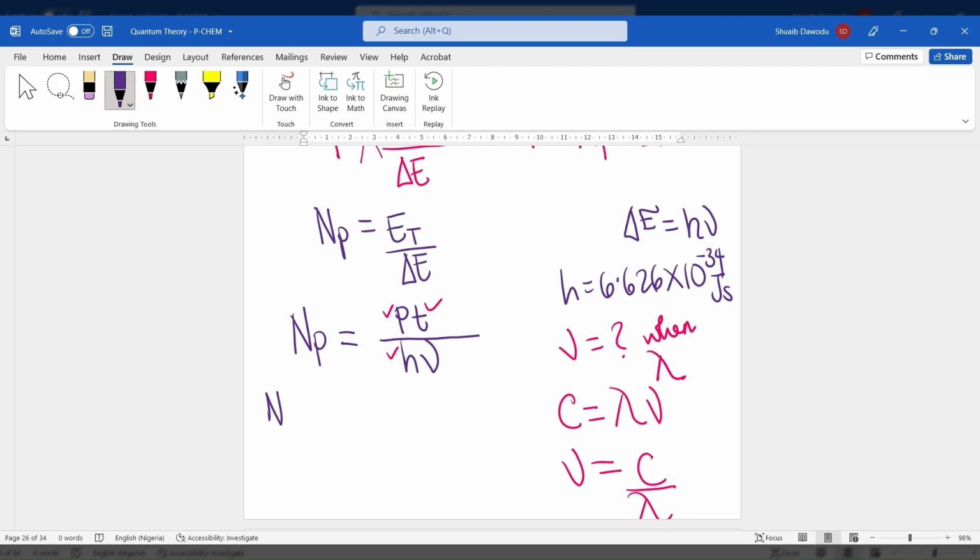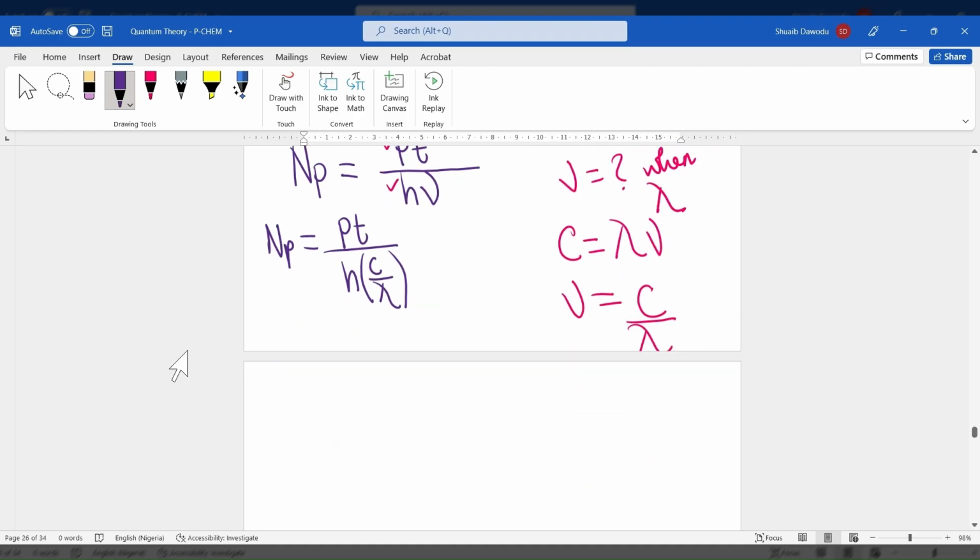Np is now going to equal Pt divided by h multiplied by c divided by wavelength. Okay. So Np ends up being equal to Pt divided by hc multiplied by lambda. So this is actually the full formula that is going to be necessary to solve this question.